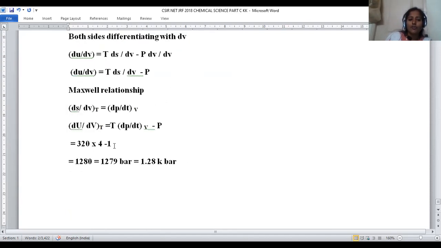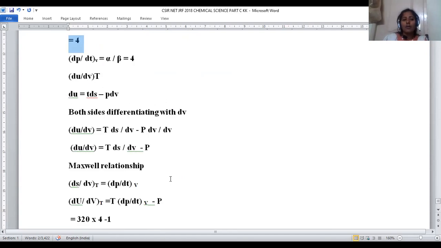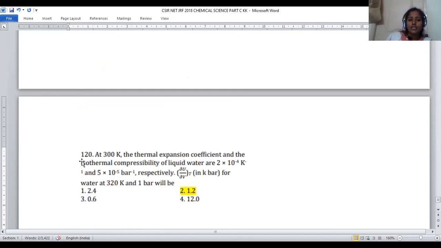So 320 into 4 minus 1 becomes 1280 bar. That can be converted into kilobar by dividing by 1000. 1280 by 1000 becomes 1.28 kilobar. So for question number 120, the right option will be the second one, 1.28.